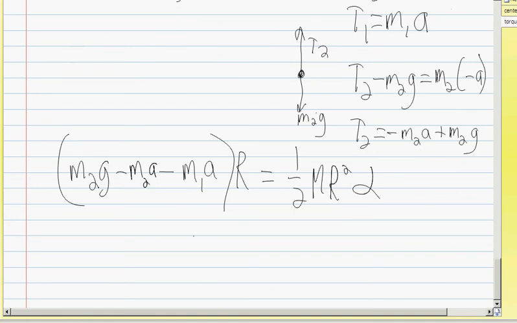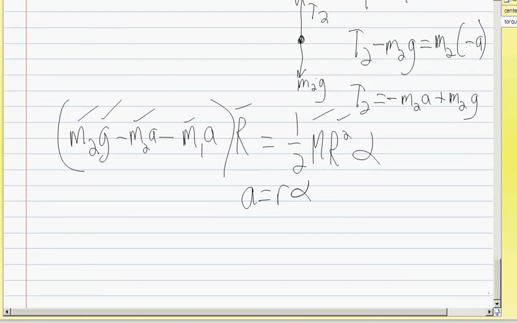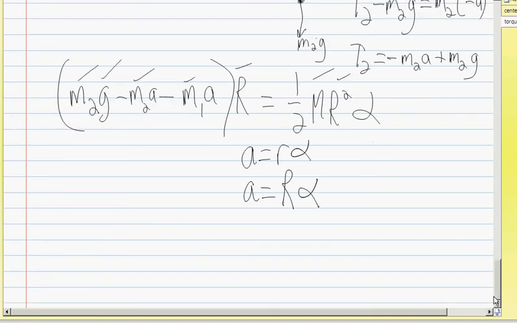Well, so now this is known. But I have A and alpha, and how are they related? A equals R alpha, or R fish. So we can replace all of the A's with R alpha if we want, and just solve for what the angular acceleration is.